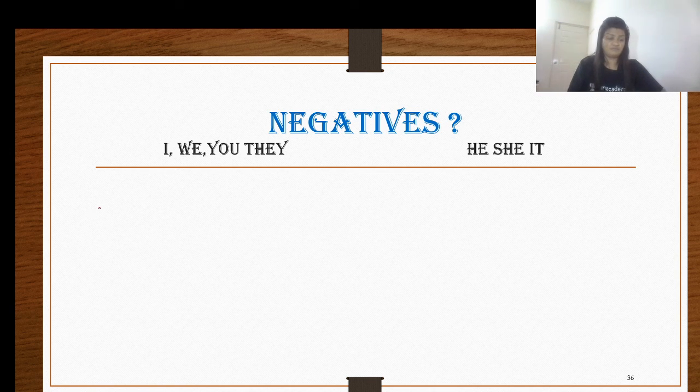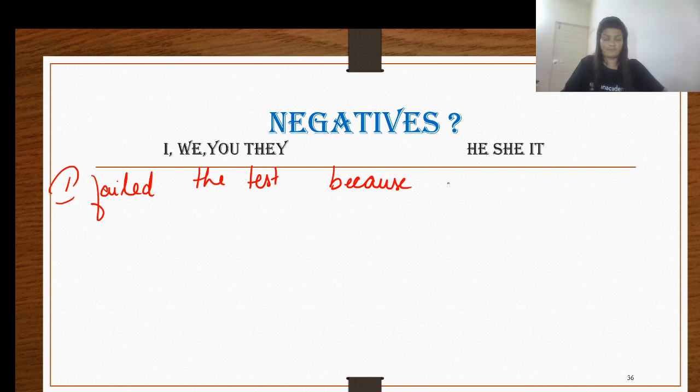Well, I failed, let me say, with the subjects I, you, we, and they. We can use I failed the test because I have not been studying hard.